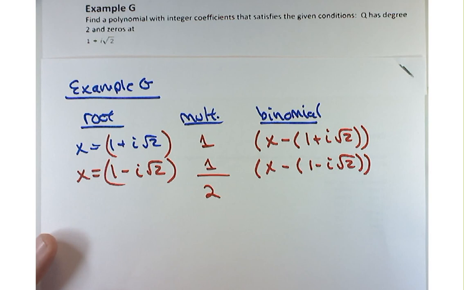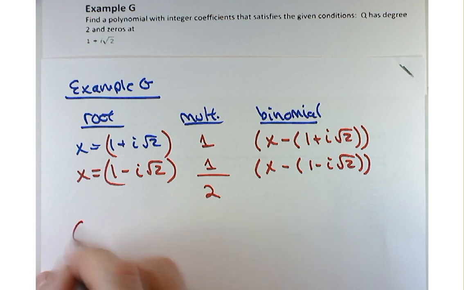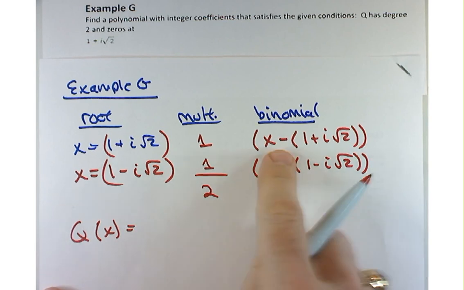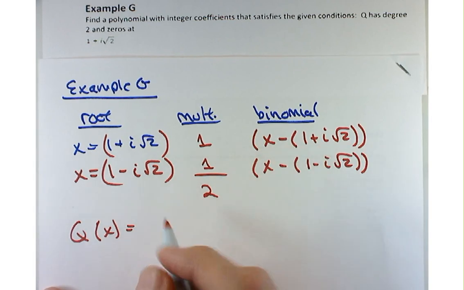And I'm still going to need to play with this a little bit. To get q of x, to get my polynomial here, I'm going to need to multiply these two things together.